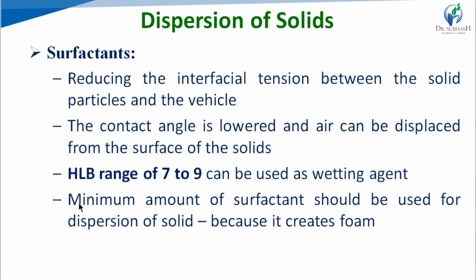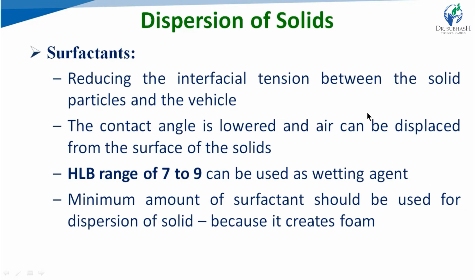Then surfactant. What exactly is the surfactant doing? It reduces the interfacial tension between the solid particle and the vehicle, so that the contact angle will be lowered, and the air present between the particles will be displaced from the surface of the solids, and due to that the dispersion will be initiated.